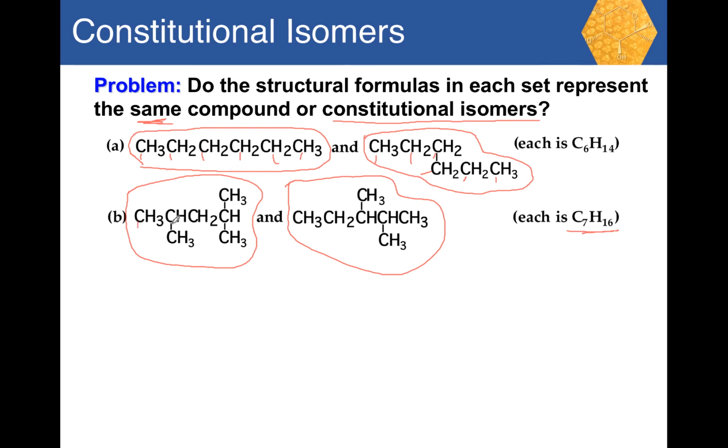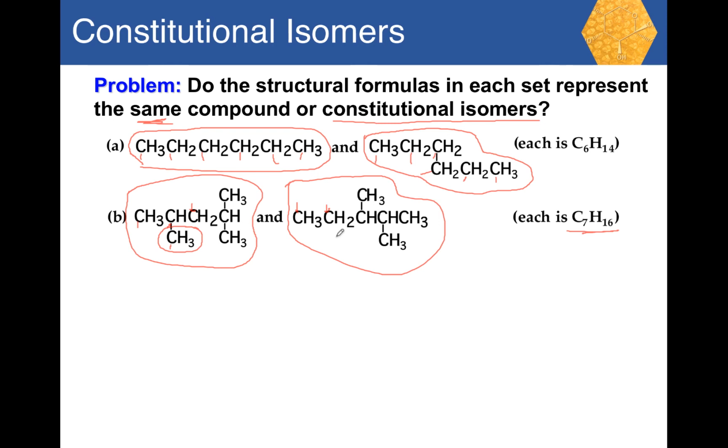This one connects to this, and here is a carbon. And then this carbon is connected to this carbon. But look at this. This carbon is connected to this carbon, and there is not this carbon down here. So it's telling us that the connectivity could be different.